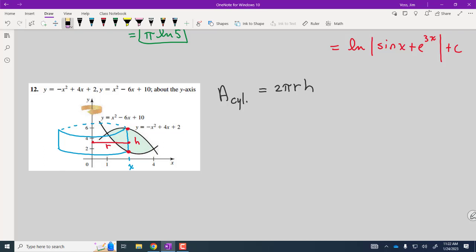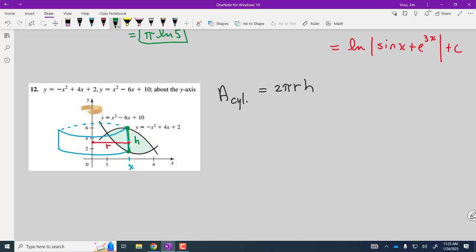Change the color of these just a little bit. What's the radius of the cylinder?